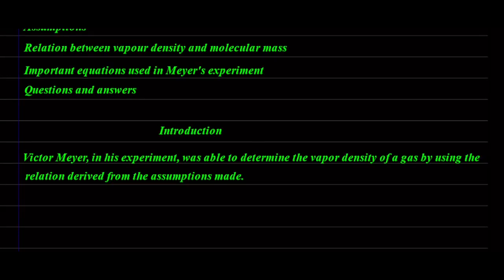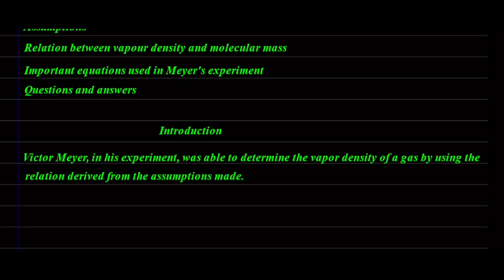Now, the introductory part. Victor Meyer, in his experiment, was able to determine the vapor density of a gas by using a relation derived from the assumptions made. The vapor density of a gas was obtained by the formula derived by Victor Meyer.